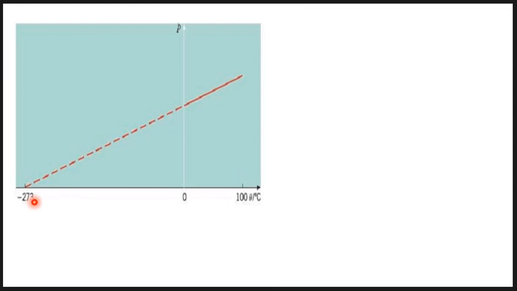Meanwhile, if we go on to further decrease the pressure in this region, by a negligible amount, what we are going to get is a value that tends to minus 273.15 degrees Celsius.